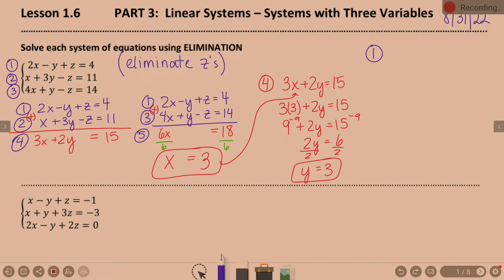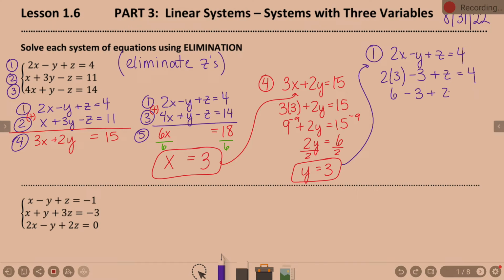So, if I pick equation 1, equation 1 is 2x minus y plus z equals 4. Plug in what you know, yes? So, we know x is 3. 2 times 3 minus y, which is 3, plus z equals 4. 2 times 3 is 6.